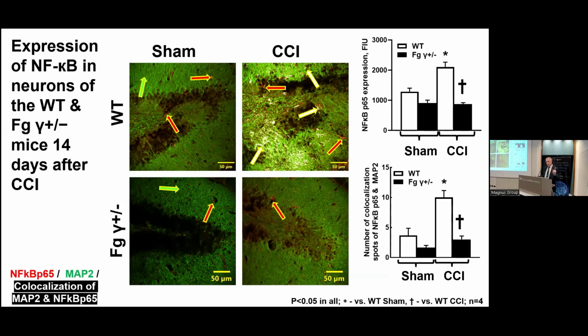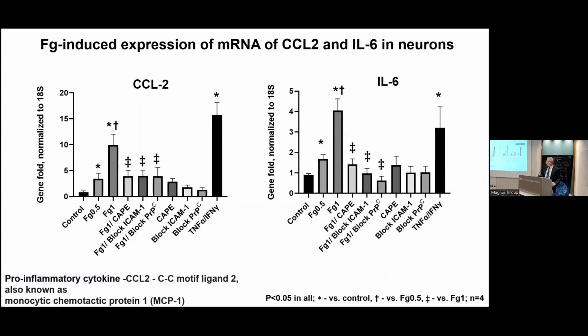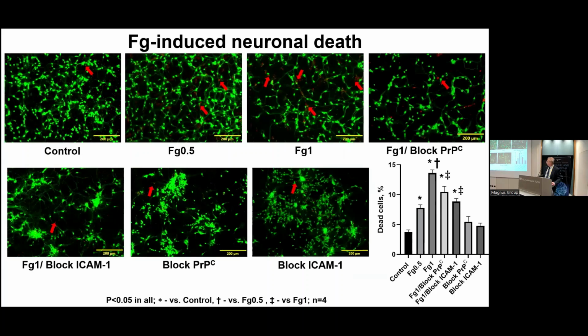While the previous studies were done on cells alone, this is already in a mouse in which we had TBI induced. Fibrinogen also causes an increase in CCL2, which is a marker of inflammation, as you know, and interleukin-6. It causes neuronal death.